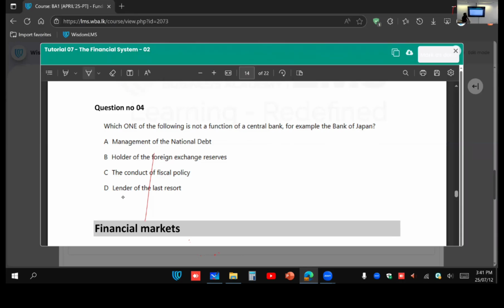Which one of the following is not a function of a central bank? Easy.